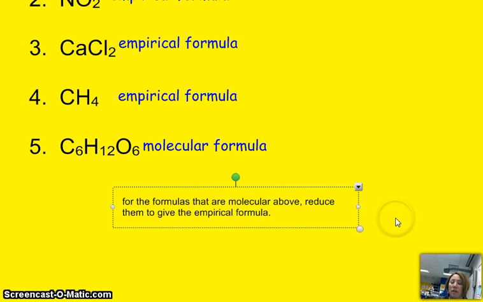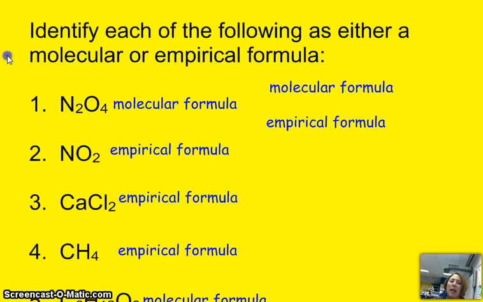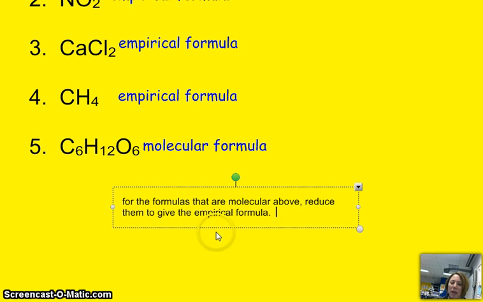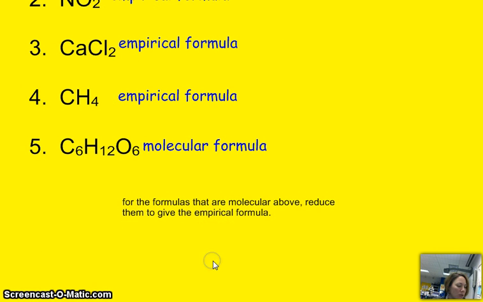So for number 1 and for number 5, reduce those so that you can give me the empirical formula for C6H12O6 and for N2O4. Okay? So please go ahead and reduce those, and that's all that you have to do for tonight. We'll see you in class maybe tomorrow, hopefully on Wednesday.